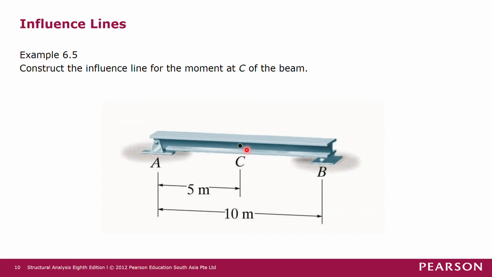So now we are only interested in the moment at location C. I want to see what happens to the moment at joint C when one unit load is moving from support A to B. The only cross section that we're interested in is section C, at the midspan of the beam.